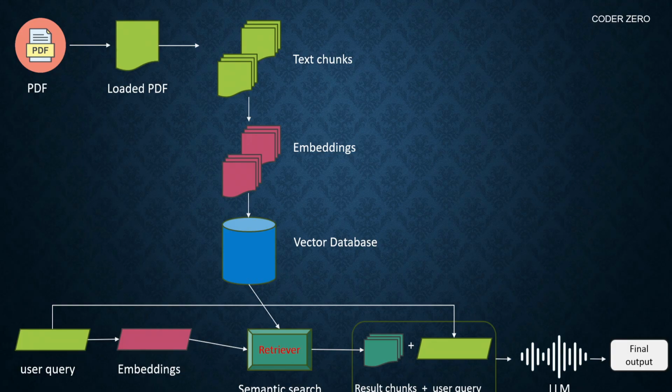So in one way you can design all these components by yourself, but each component has an input and an output. If you want to write a function for each component, you need to take care of those input and output formats. Let's say you have one best embedding model right now.